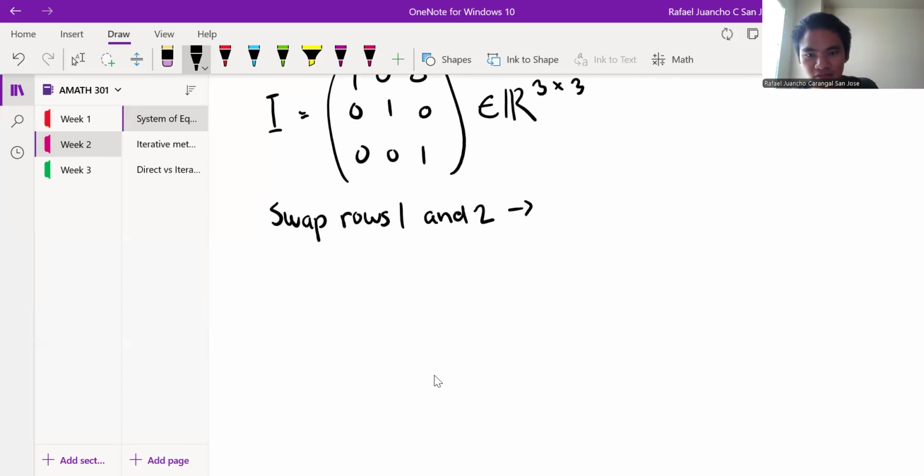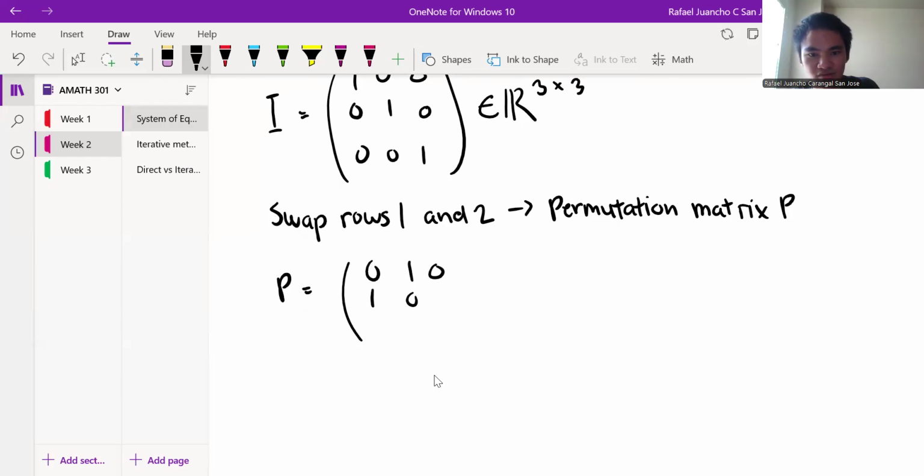And so we apply that in our permutation matrix P. So P is now row 2 first, then row 1, which is also 3 by 3.